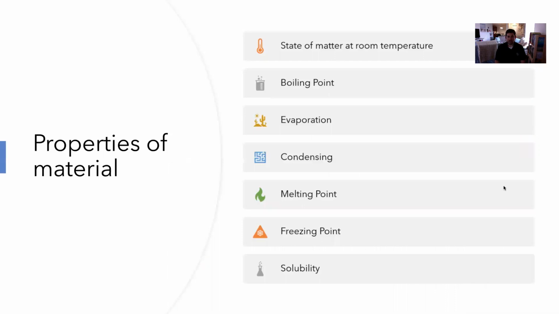Some of the properties we'll see a little bit in this video, and then in later videos: the state of matter at room temperature, the boiling point, the evaporation, the condensing, the melting point, the freezing point. So a lot of phase change stuff, and then solubility. Anything having to do with phase change, IMFs are part of that story, and for the solubility of molecules, anything happening in a solution, IMFs are part of that story. So that's a lot of chemistry.